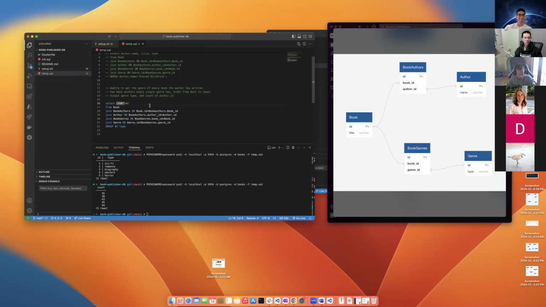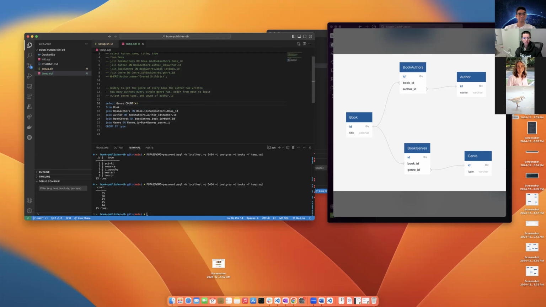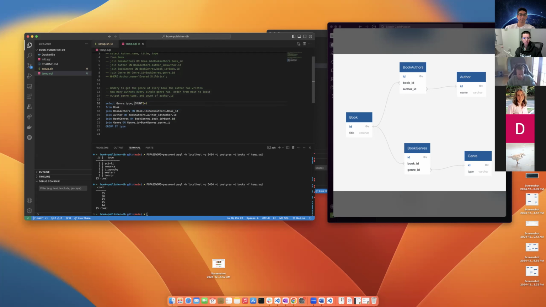Got it. Do I need to put author ID in here? Yes, otherwise you're counting up every single row. Is that it, or do we need to make other changes?